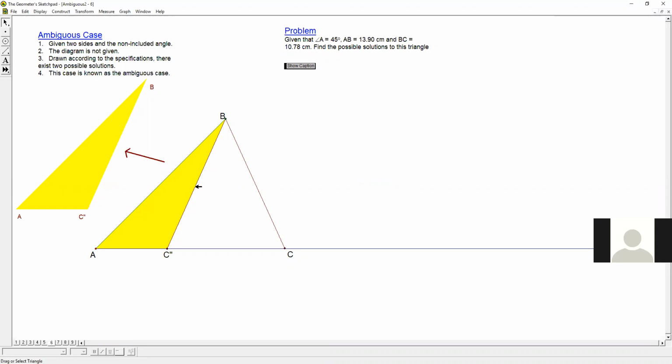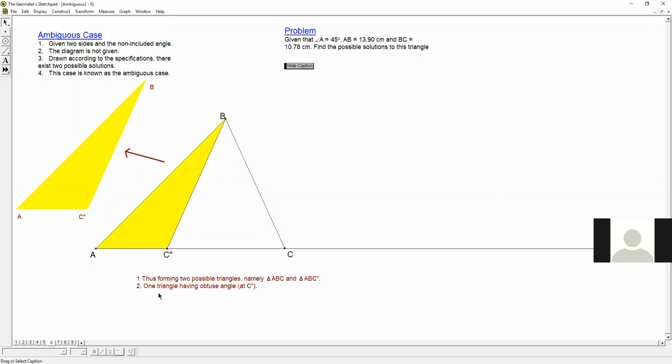So I create the first triangle here, from your ABC prime, and this is the first possible triangle. From the given specification in our problem, you can create an obtuse angle triangle like this. This is the first triangle with an obtuse angle at C double prime.